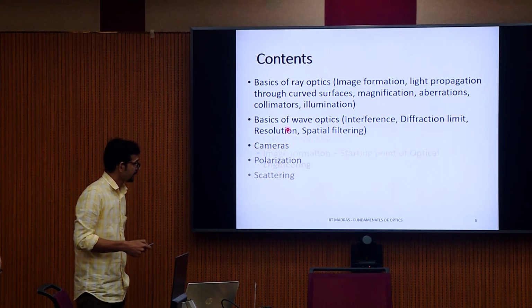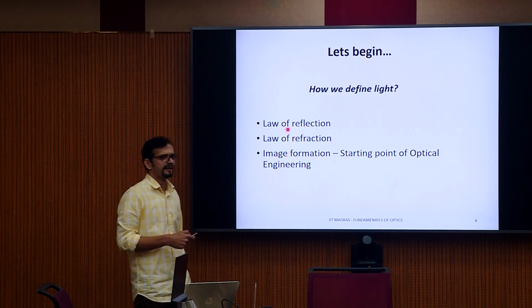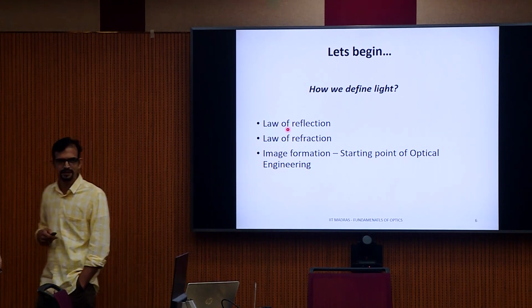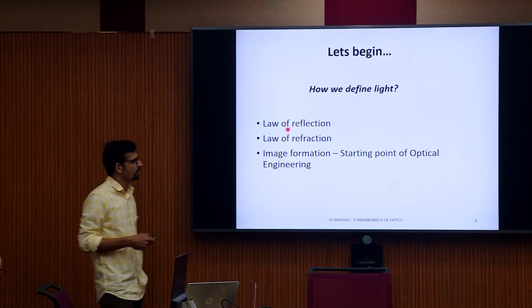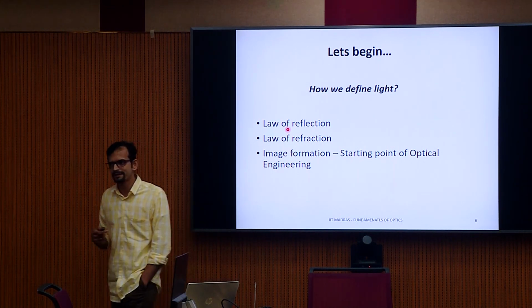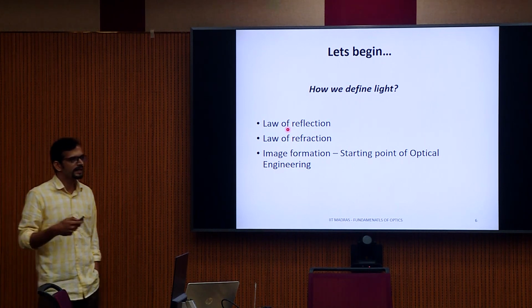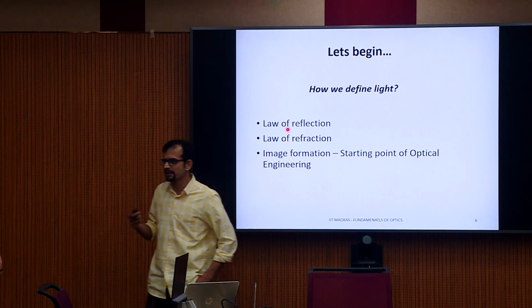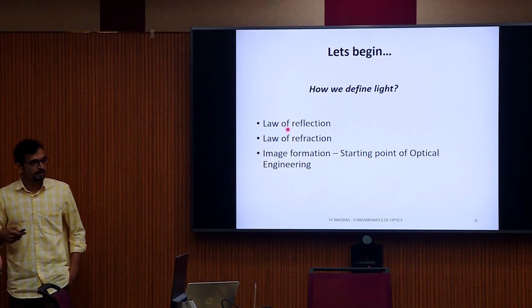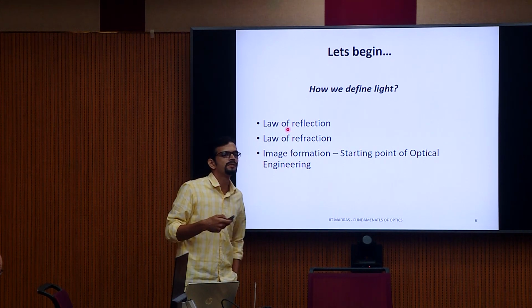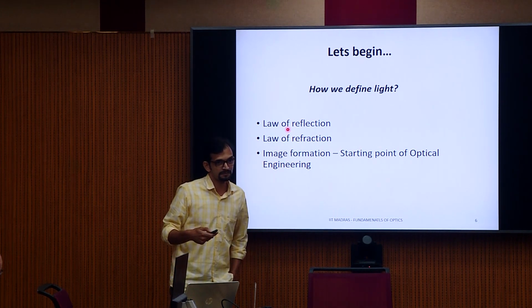Okay. So how do we define light? Because it's the most fascinating thing in this world, right? We see each other, but how do we define light? We need to consider it in entirely different ways. Sometimes we consider it as rays, sometimes as waves, sometimes as electromagnetic waves, sometimes as particles.